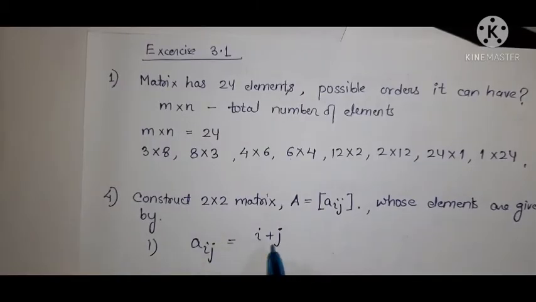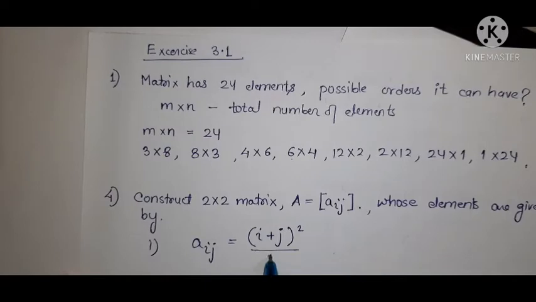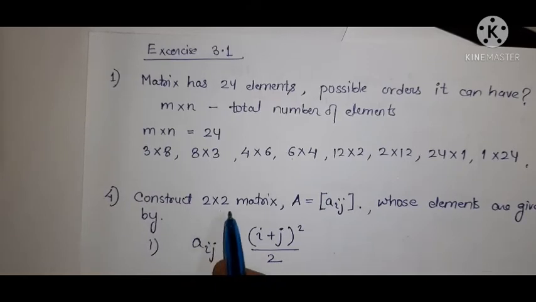The type of elements is given as (i plus j) whole square divided by 2. Here i is the row number and j is the jth column. So you have to form a 2 by 2 matrix.